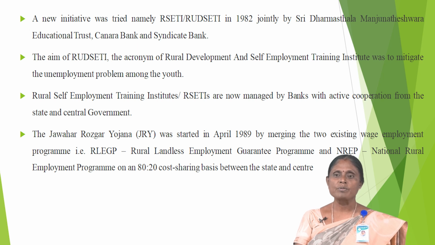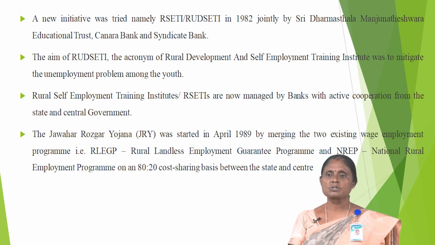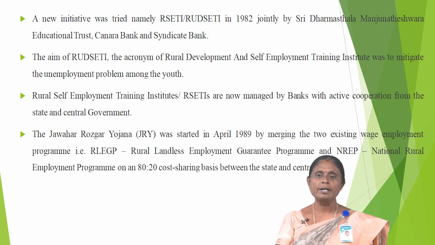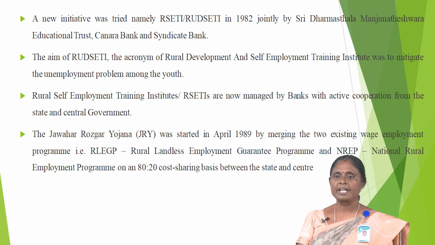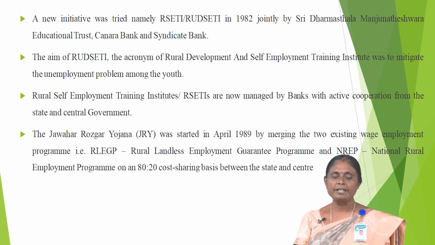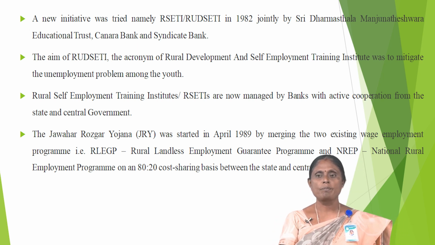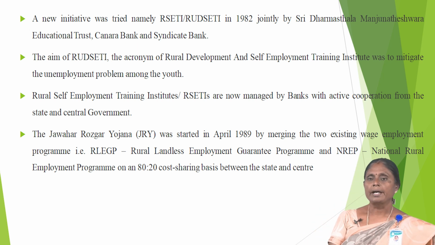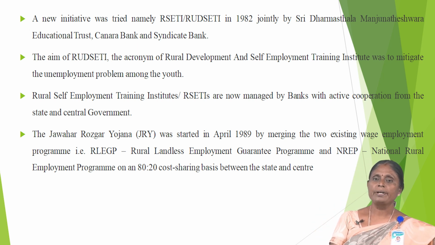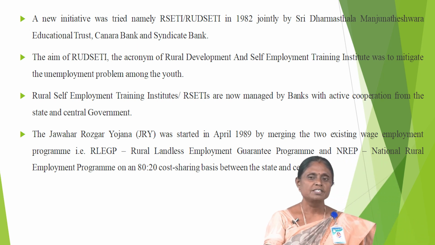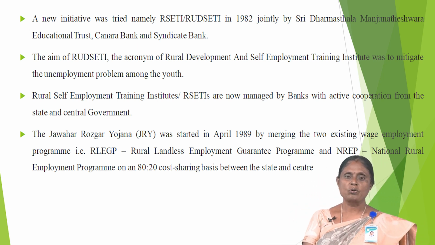What is the main aim of these initiatives? To improve rural development and self-employment; the training institute was to mitigate the unemployment problem among the youth. And the rural self-employment training institutes are now managed by banks with active cooperation from state and central governments.